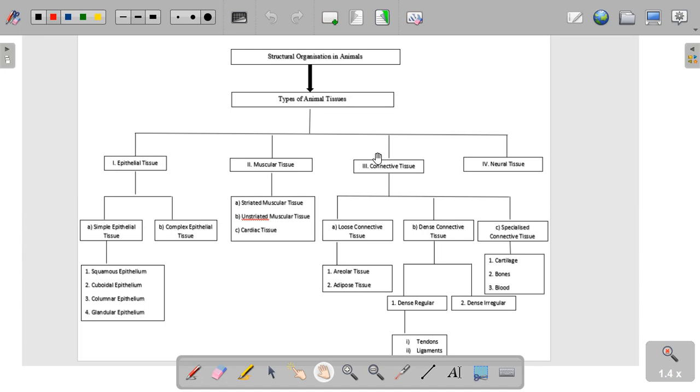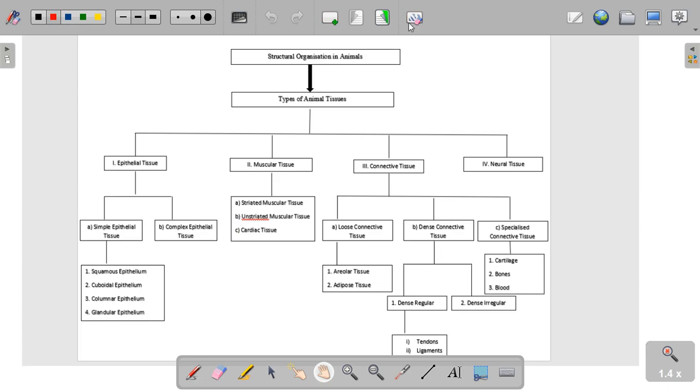And neural tissues are the ones involved in transmitting the commands from the central nervous system, that is brain and spinal cord, to all the body parts to do a specific function. So let's move into the first category of tissues, epithelial tissue.